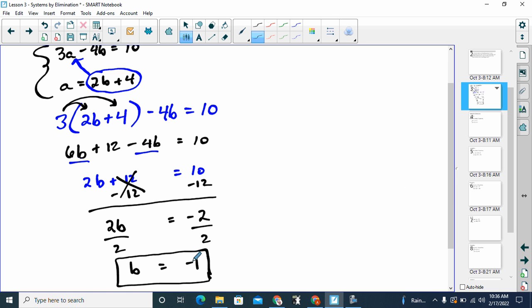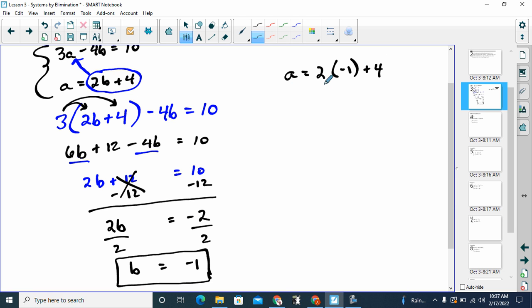Once we get one of our variables, in this case b, we need to get the other one. We get the other one by plugging negative 1 back into one of the original equations. It does not matter which one, although the one that is solved for one of the variables is generally the easier one. So if I plug negative 1 in right there for b, it would say a equals 2 times negative 1 plus 4. I replaced my b with what b is equal to.